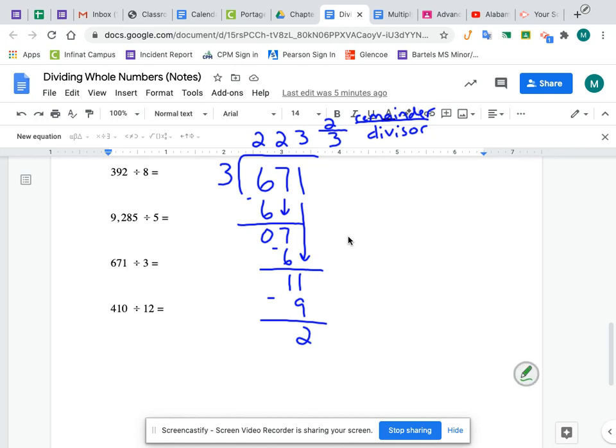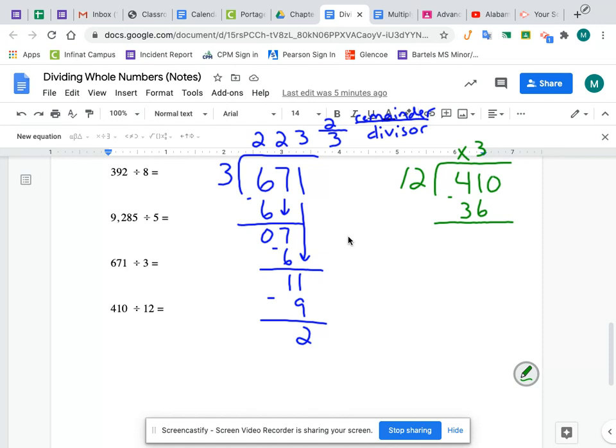Lastly, I have 410 divided by 12. So 12 I know cannot go into 4, so I'm going to put my x there. 12 goes into 41 3 times, and 12 times 3 is 36. Now, you might not know that. You might not know your 12's multiplication very well. Well, you might have to do some guess and check.